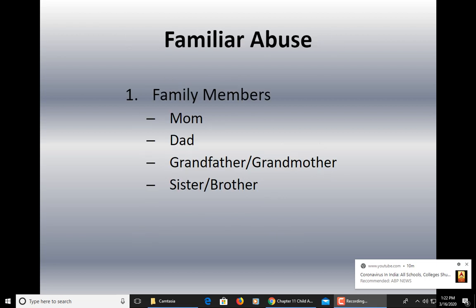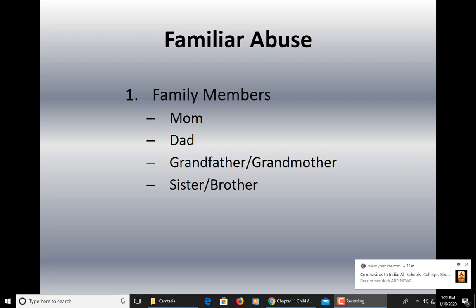In contrast, familial abuse is people within the family, just like I'm giving the examples here. Now, is familial abuse a significant problem in our society? It certainly is. How many people want to go home to the safety of their household only to find out that's where the abuse occurs?